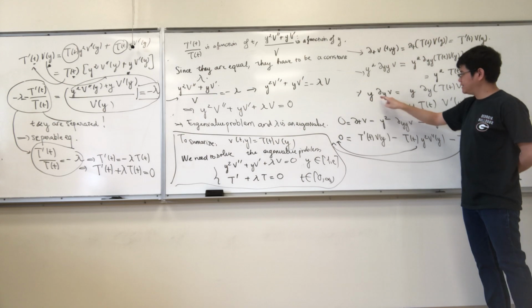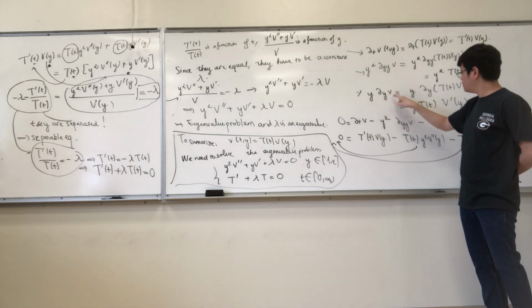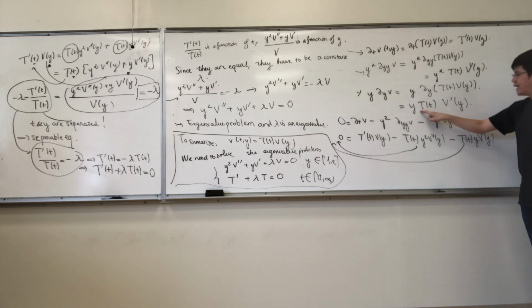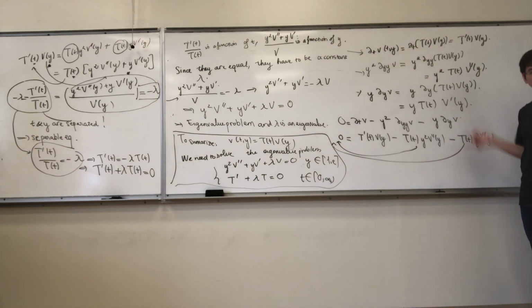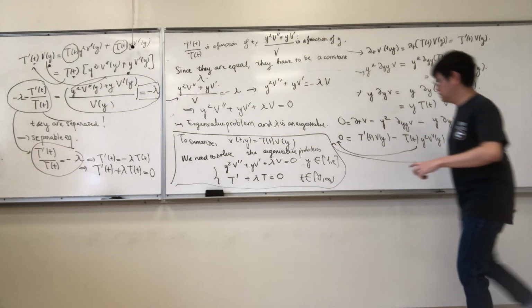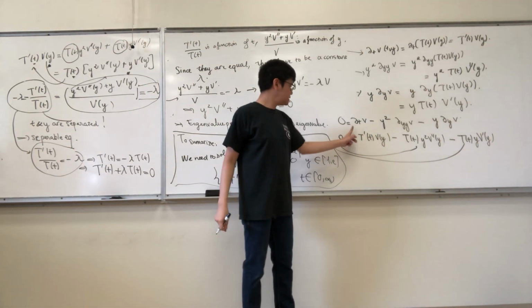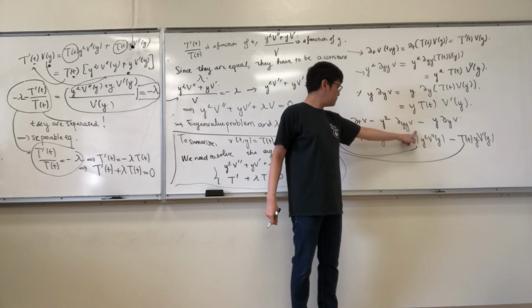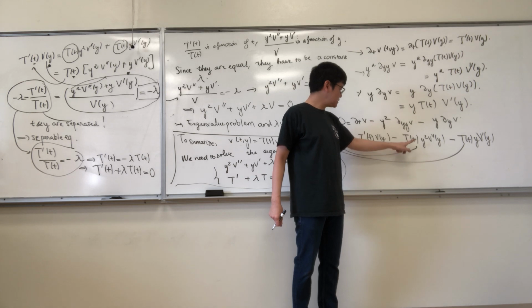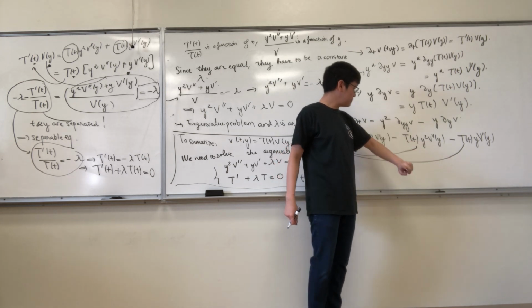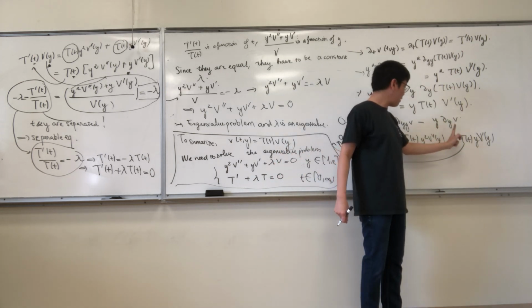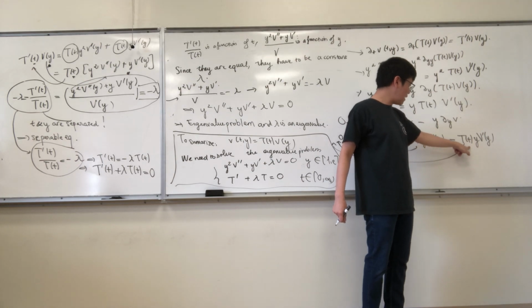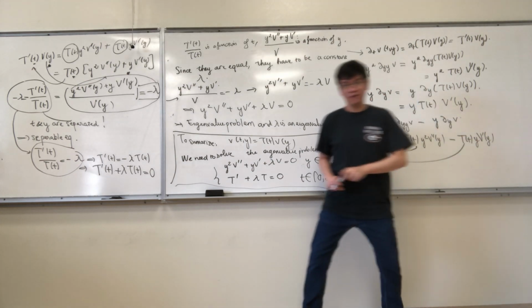You do y d_y of v, you got y T V prime. All right, so you plug everything into the equation, you get 0 is T prime V, which is coming from d_t of v. Y squared d_yy of v is T y squared V second. Y d_y of v gives you T y V prime, right?